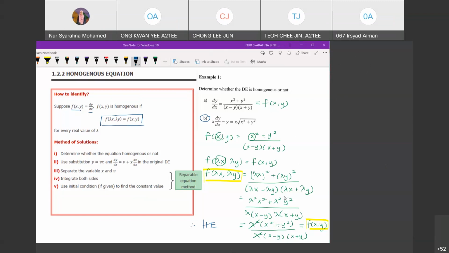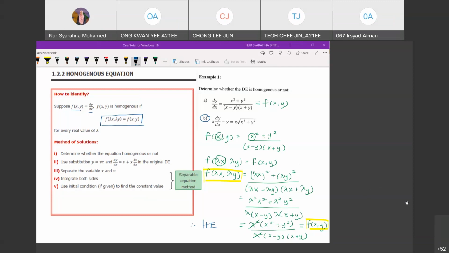All of you got non-homogeneous? Okay, non-homogeneous also. No need for me to show the steps, right?